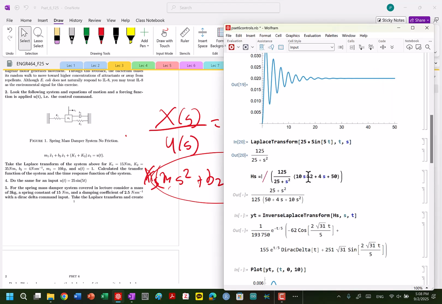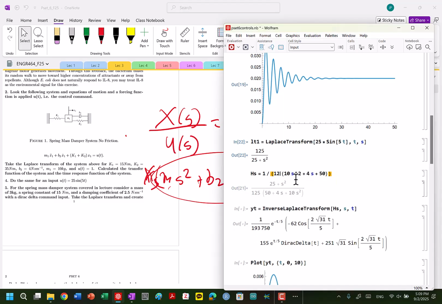Then we can set that all as 1 divided by everything here. Is that all correct? I'm going to call this LT1, and just do 1 divided by LT1. Excellent, yeah, that looks correct.